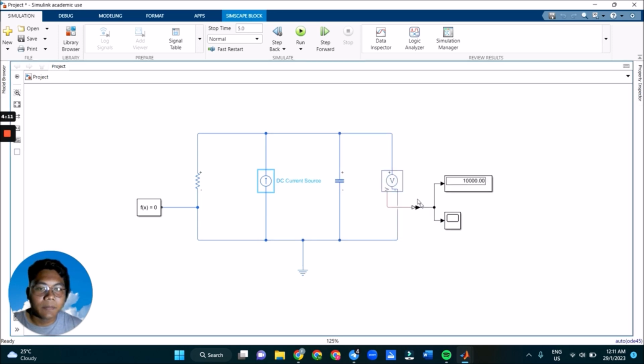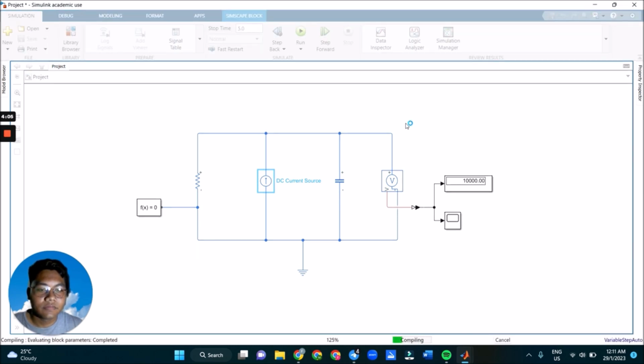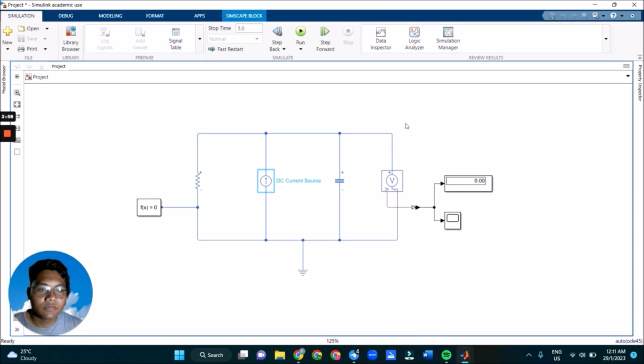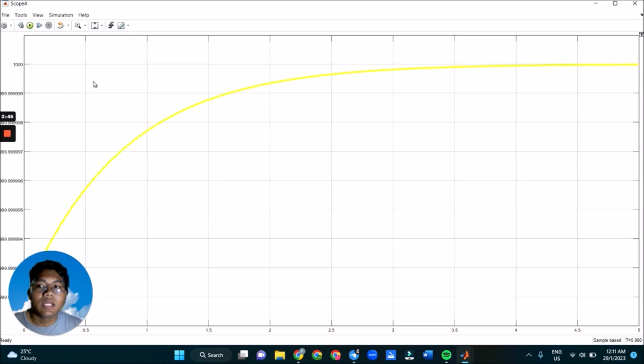Then we apply and run the simulation. The LCD displays the value of V out of the capacitor. If we want to look for the graph, we can click on the scope. And this is the graph for the first question.